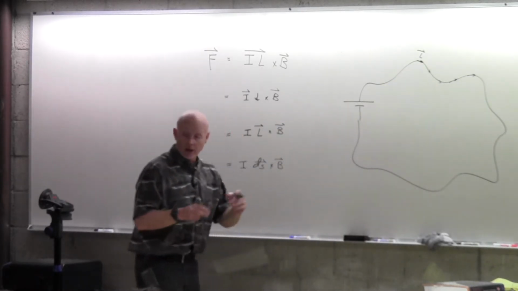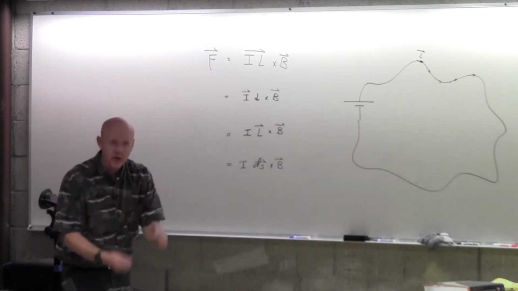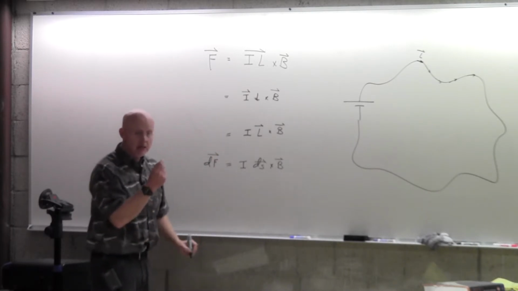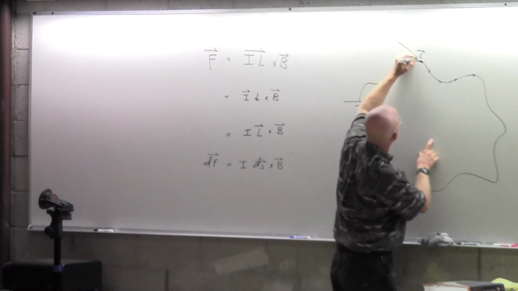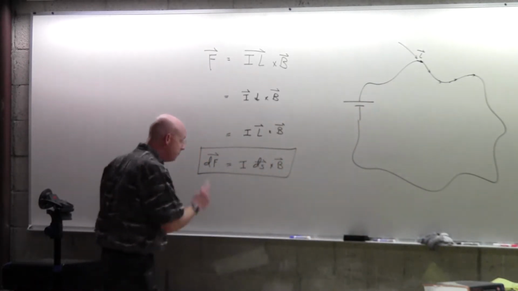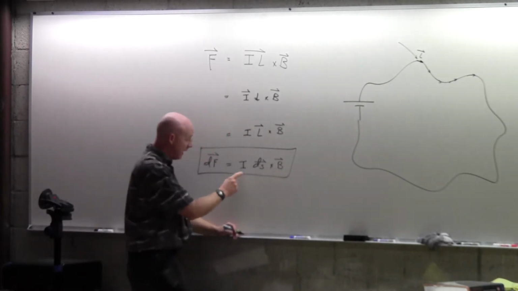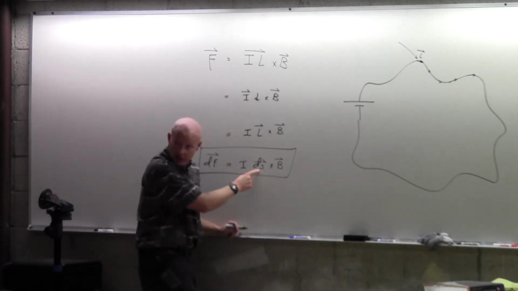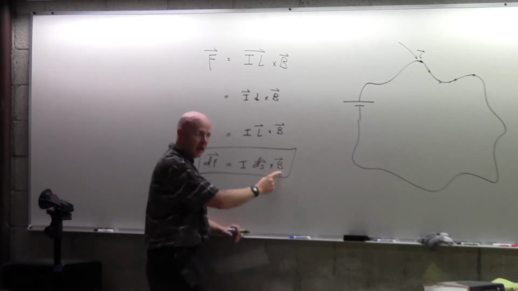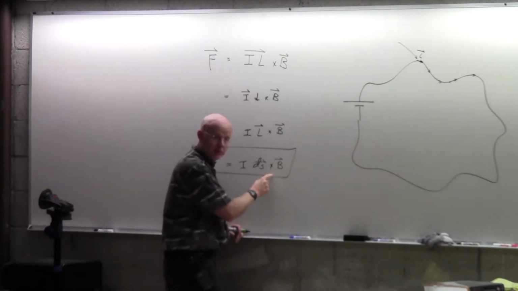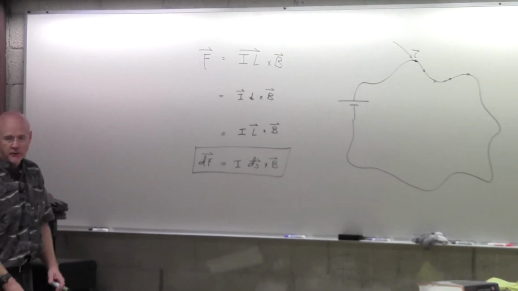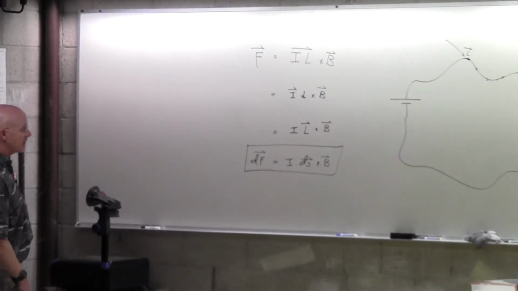And so, since we are, again, more sophisticated and know calculus, we can say that a little bit of force, meaning a little bit of force right here, would be calculated based upon those four factors: how much current, what direction is the current, what is the strength of the magnetic field, and what is the angle between the wire and the magnetic field. And so there's our four factors.